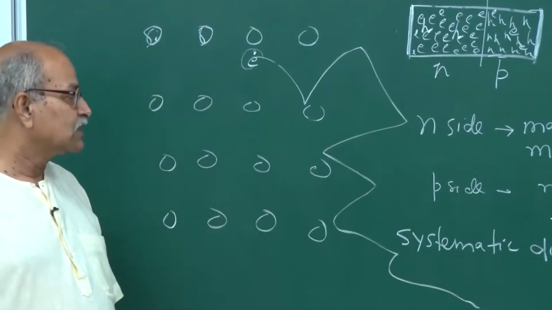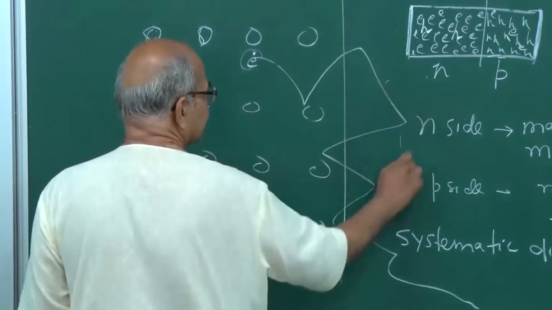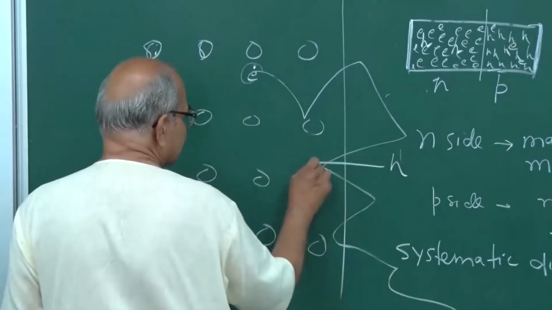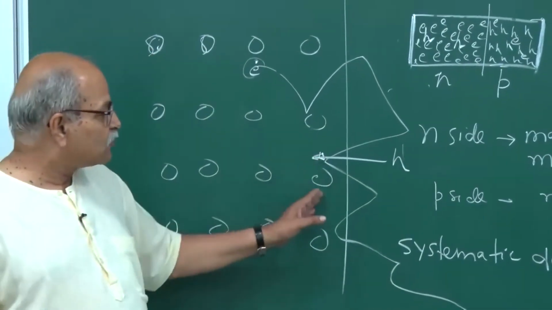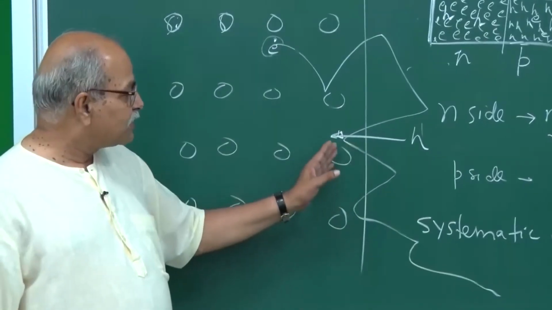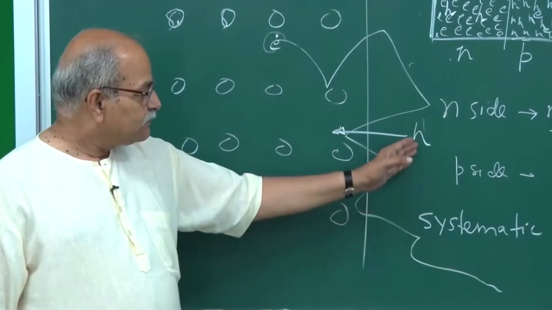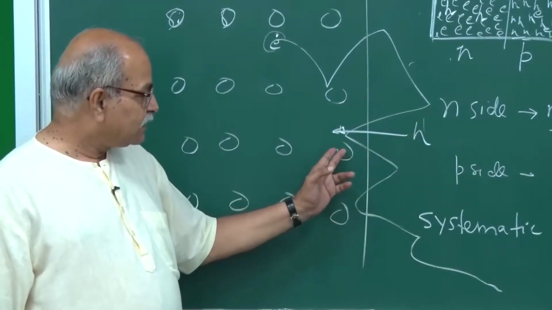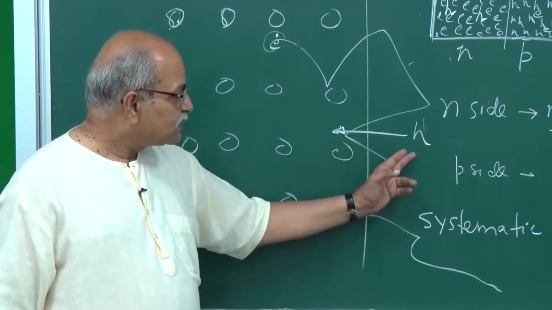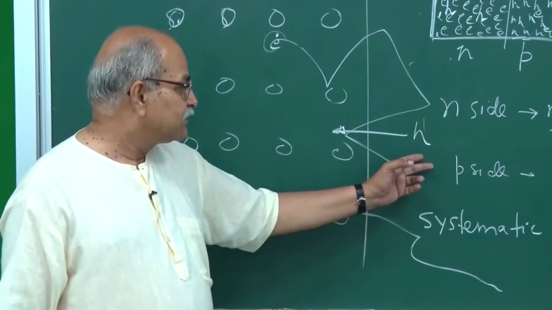And similarly, holes. If you have a large number of holes here, some holes can diffuse to this side. Hole diffusion, you remember: a bonded electron breaks from here, and there was already a hole here, a broken bond was here. So a new bond is broken here, and the bonded electron goes there, and the hole is filled here.